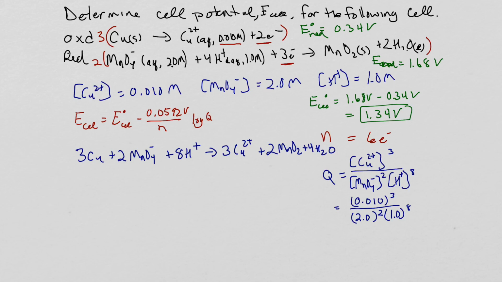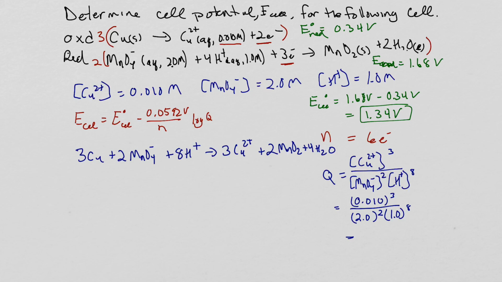Now, if we go through and solve all that, we get what Q is. Now, we can solve it here, or we can just plug it in. I'm going to go ahead and solve it here.